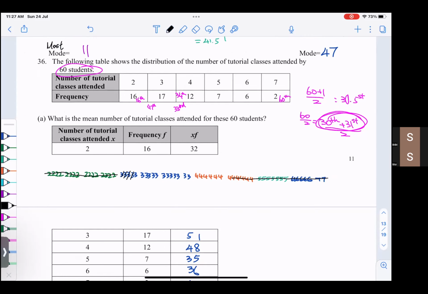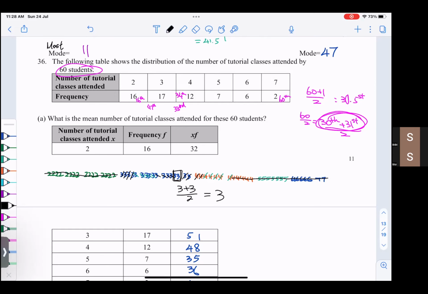So let's cut 5 more. 1, 2, 3, 4, 5. Oh, we still have it. So let's cut 4 more. 1, 2, 3, 4. Oh, we just left these two. So your median will be 3 plus 3 divided by 2, which is still 3.